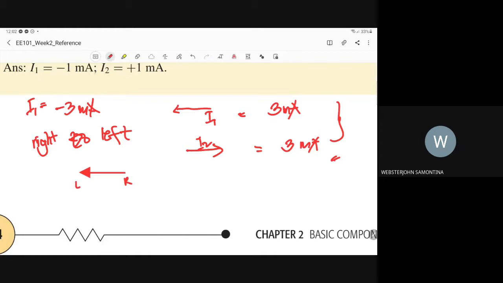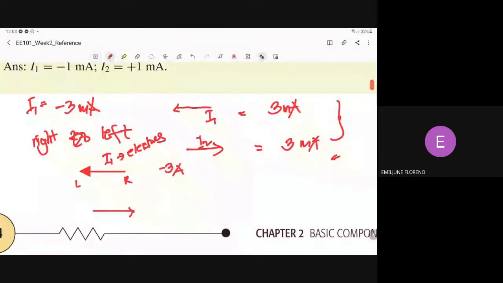So, what if ang current na produce ani sa electron is negative 3 ampere? Muni siya imong I1. Electrons ni ang nakaproduce. Negative 3 ampere. So, unsa ang current nga padulong sa right to left? Di man gawas ang arrowhead.